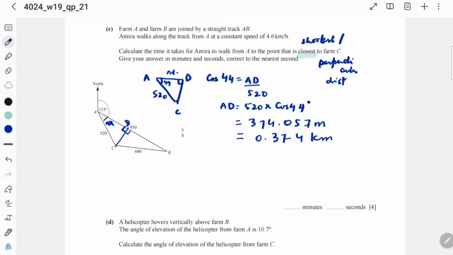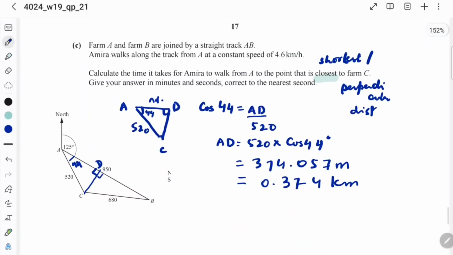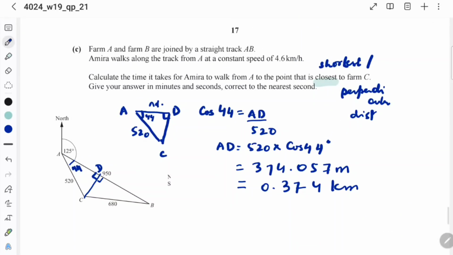It is given in the question that it is moving with a speed of 4.6 kilometers per hour. So per hour means in 1 hour it moves 4.6 kilometers.